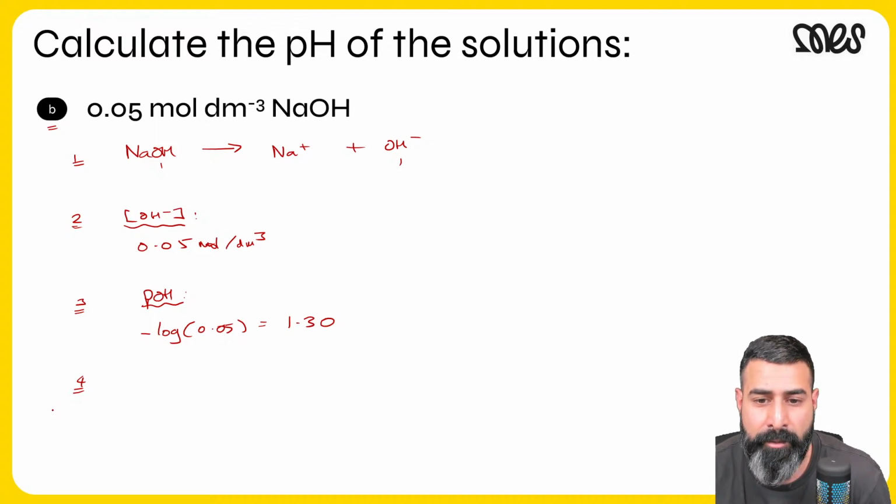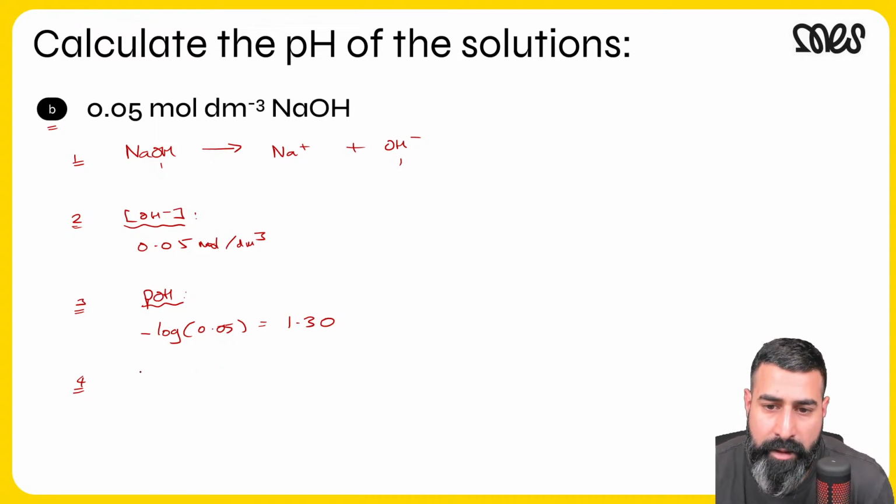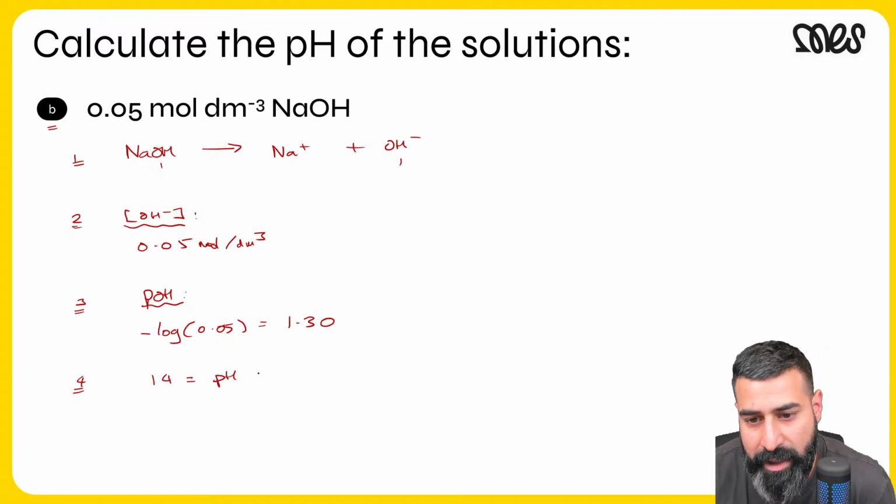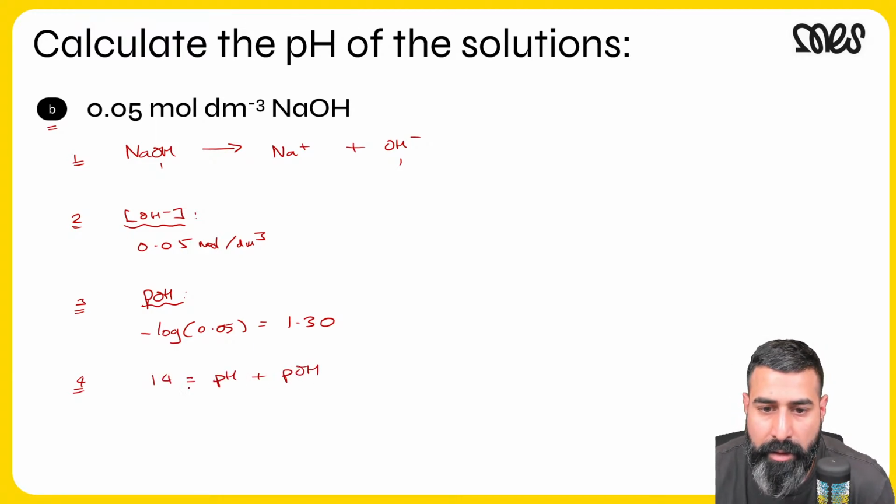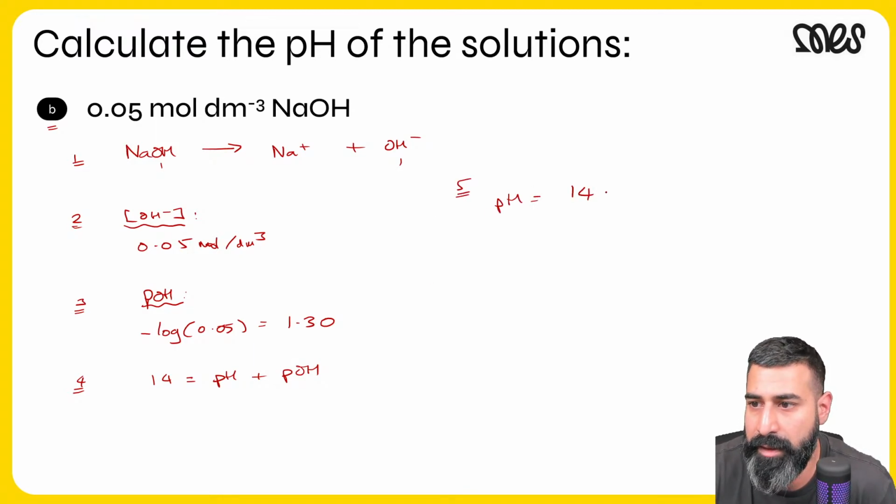So part number 4, what do we do next? So I've got pOH, and then I'm going to write down 14 is equal to pH plus pOH. So then part number 5, I'm going to say that the pH is equal to 14 take away 1.30.